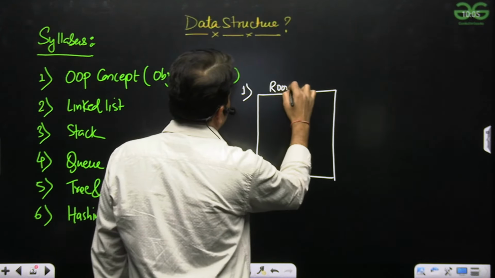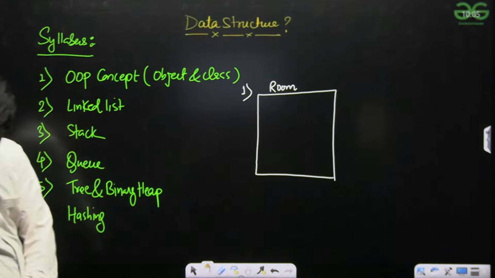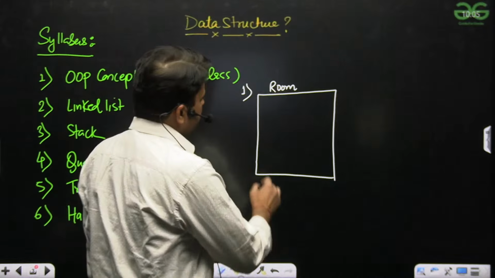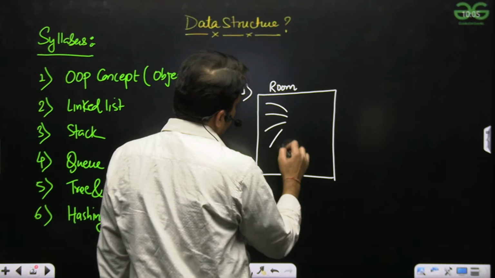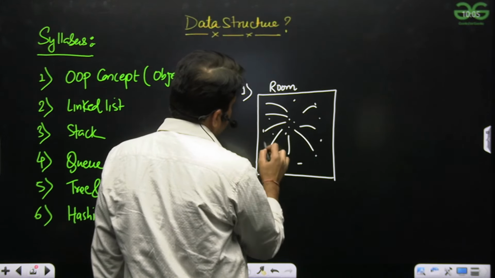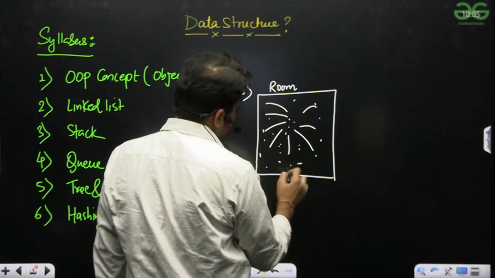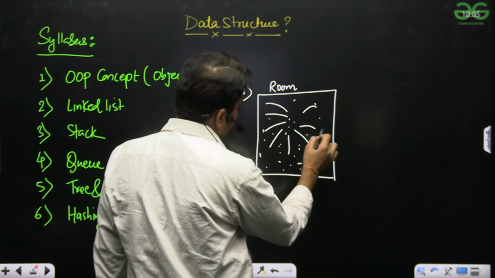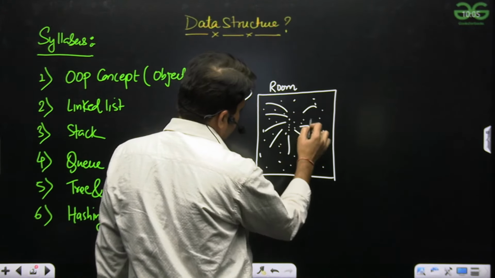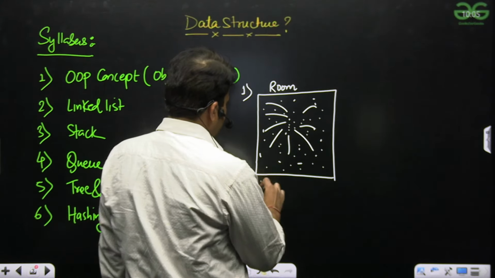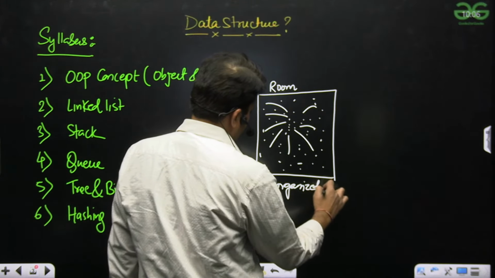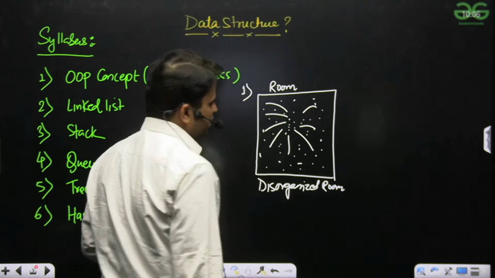This is your room, and you put all household items randomly. Household items, like your books, your clothes, your utensils. So this is a disorganized room.